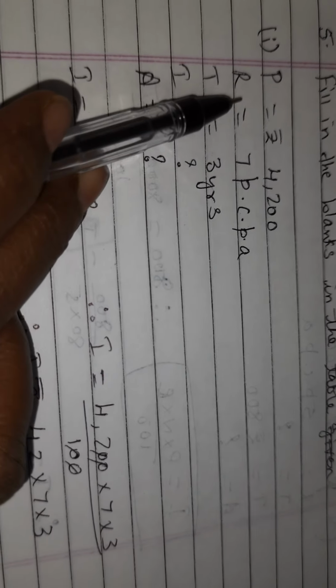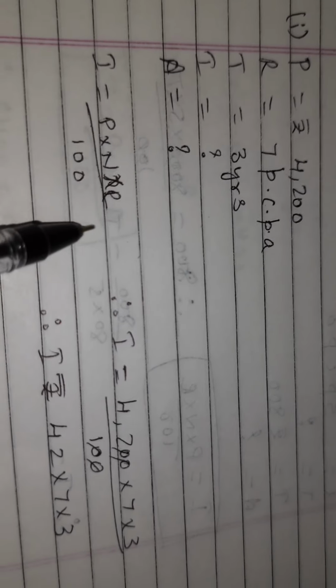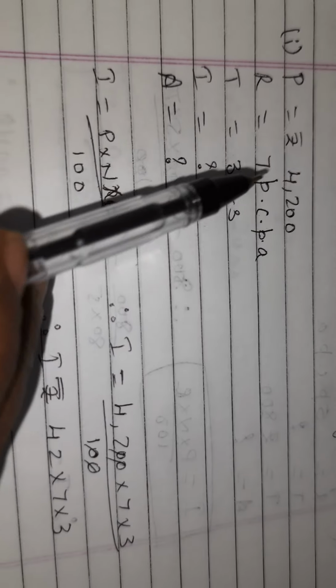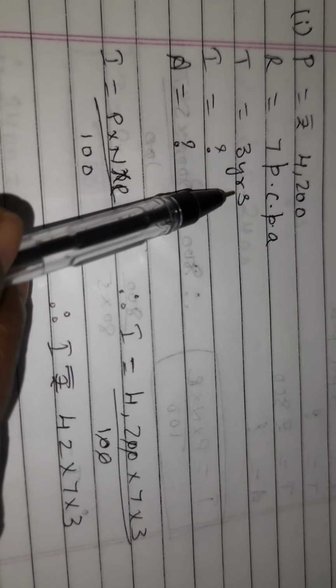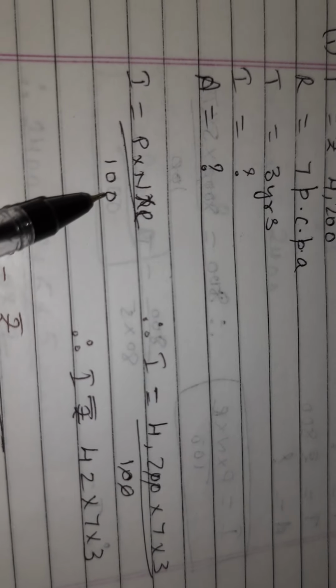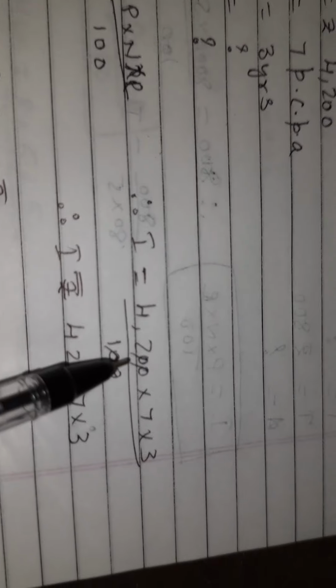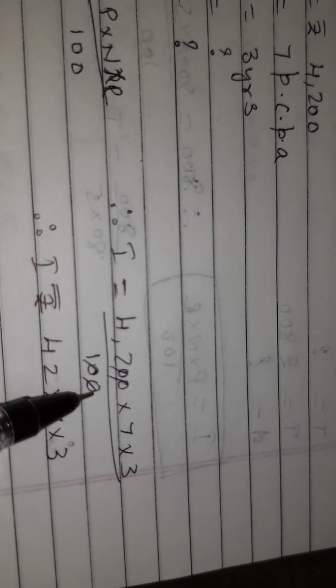Here it's okay if we write down short forms like P because we have to fill in that blank, but of course working out in your book. Rupees 4,200 at 7 PCPA, number of years is 3, I we have to find out, amount we have to find out. So simple, I is equal to P into N into R upon 100, therefore I is equal to, substitute, 4,200 into 7 into 3 upon 100.